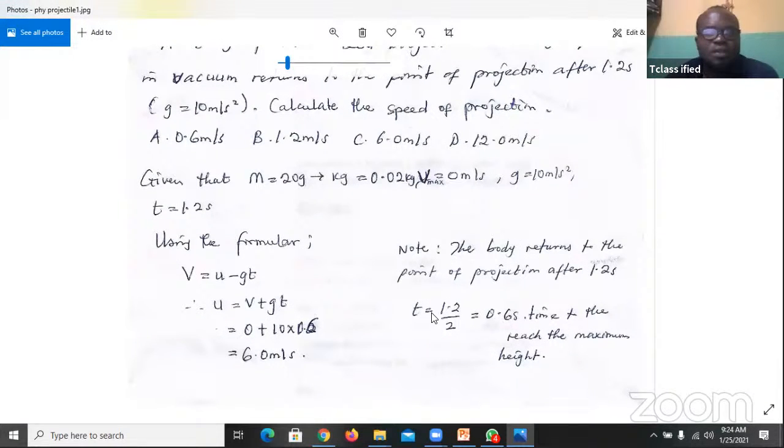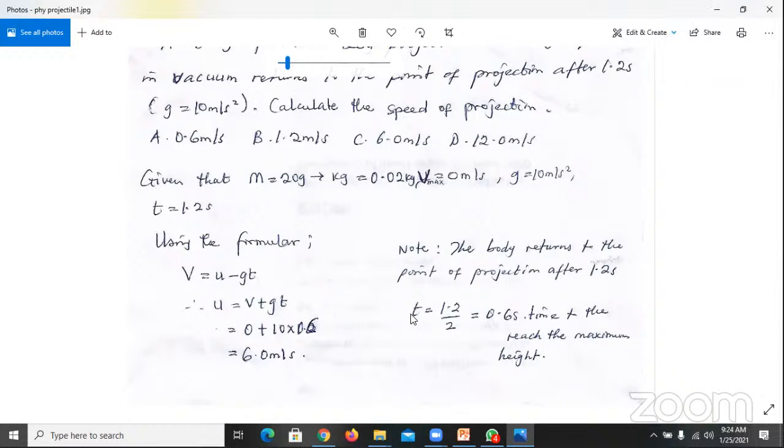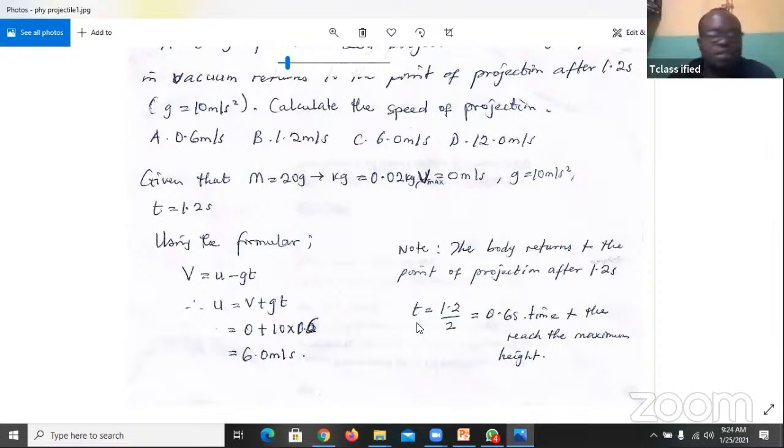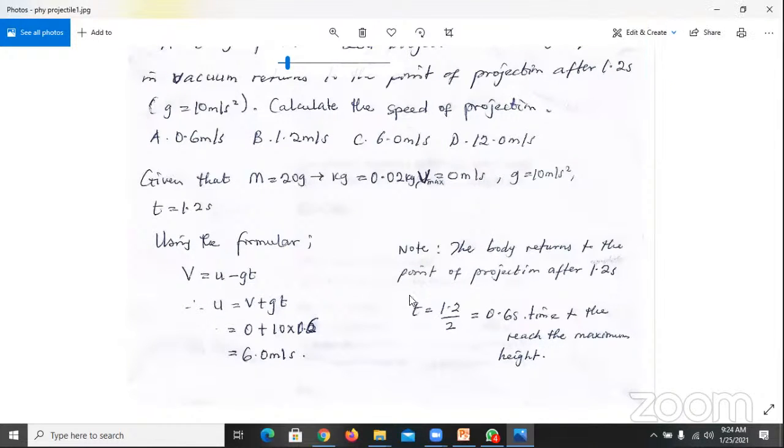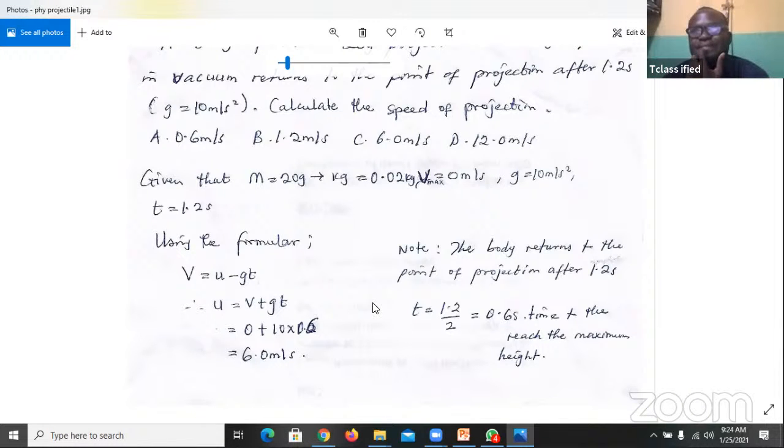So the total time divided by 2 will give you the time to get to the maximum height. And this formula can be applied when you're talking about calculation of projection to the maximum height. Are we together? Yes.